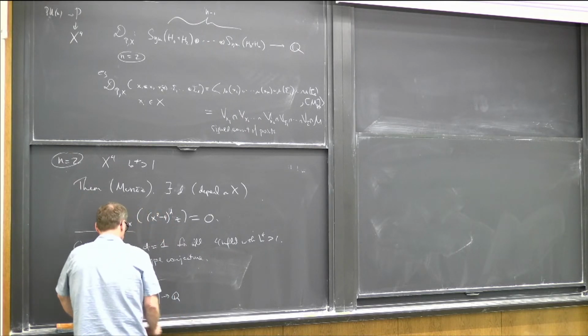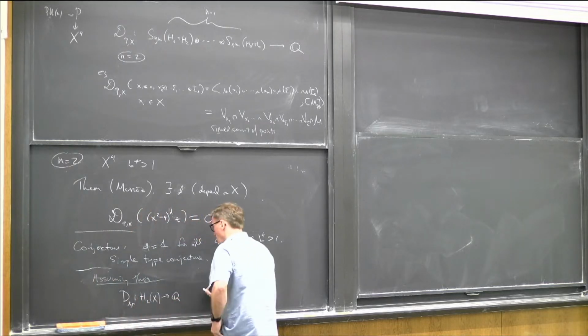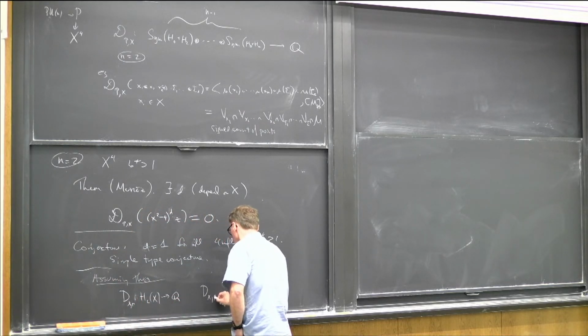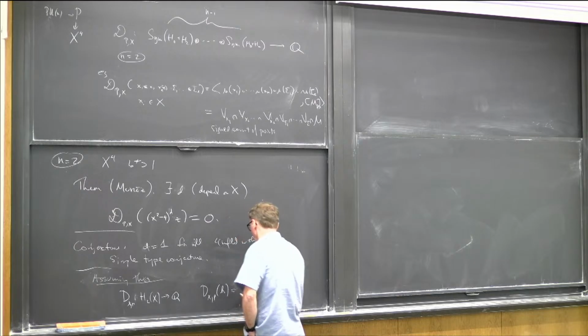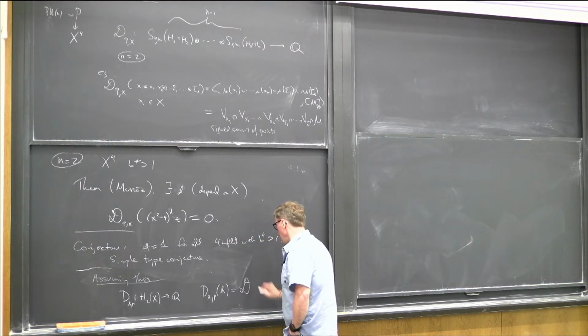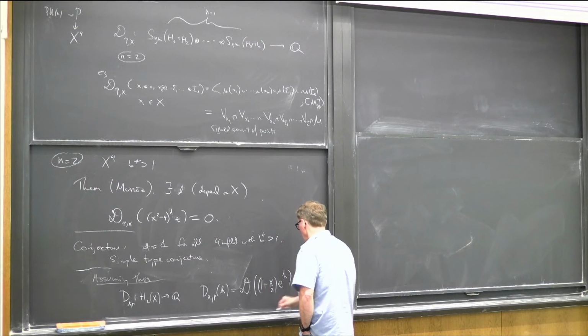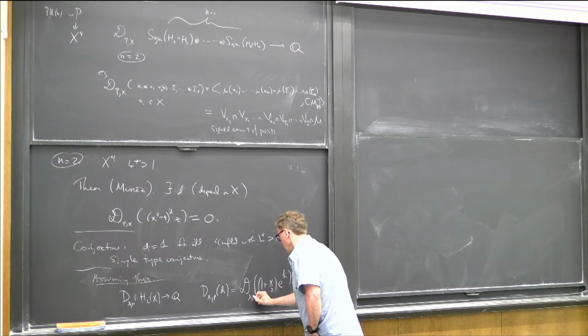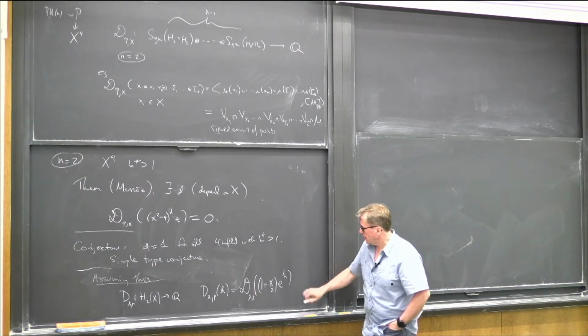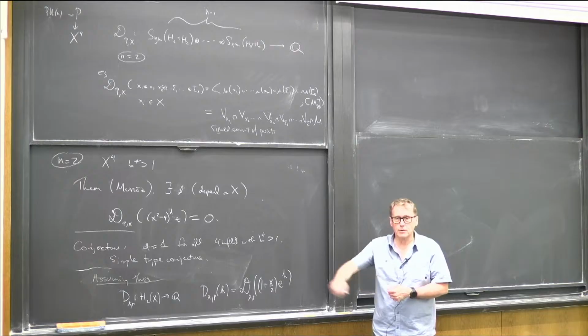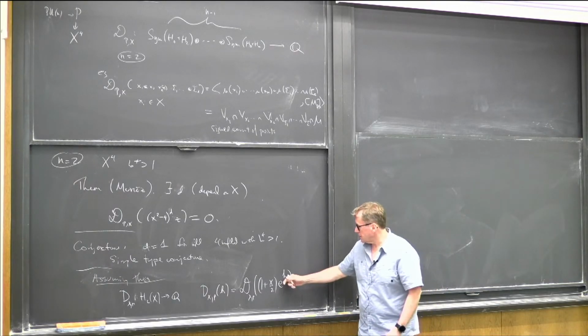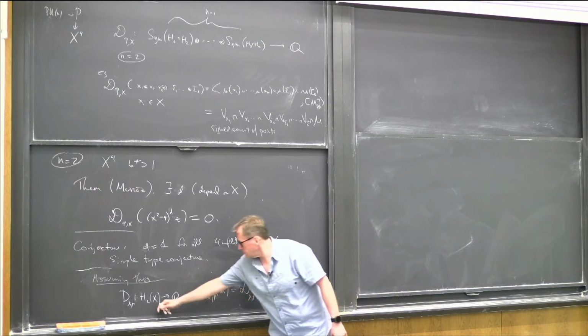D of x and p on class h is the evaluation of 1 plus x squared over 2 times e to the h. Thinking of e to the h as a formal power series in the symmetric algebra. h is just in H2, right?